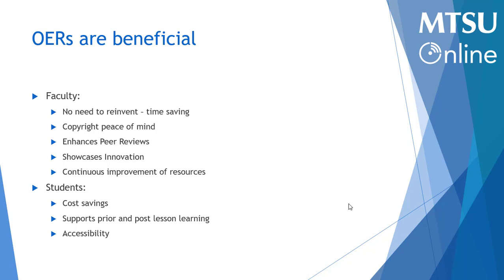Additionally, OERs support prior and post lesson learning. One of the greatest benefits of remote, hybrid, flipped, online learning, all of those different options, is that the information is there after the fact and before the fact.